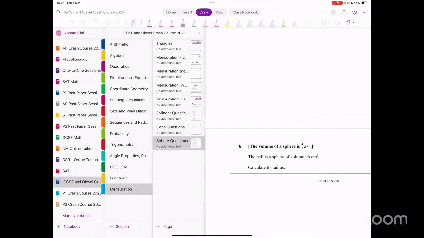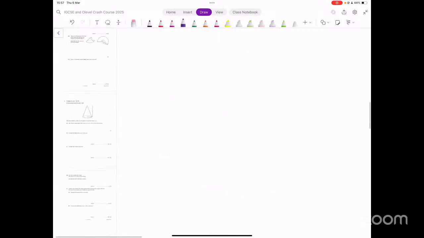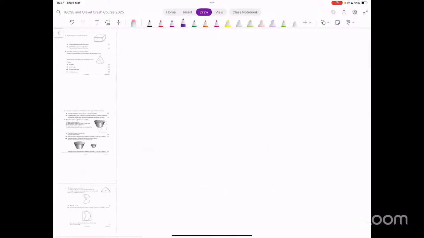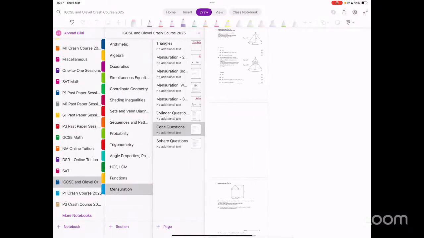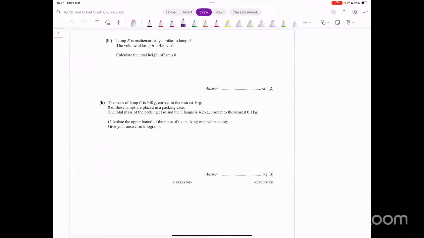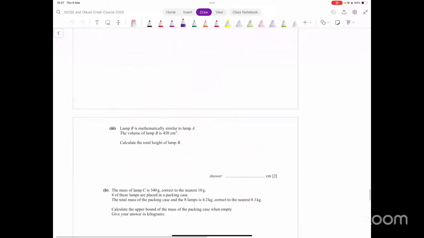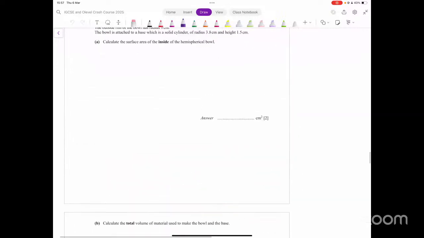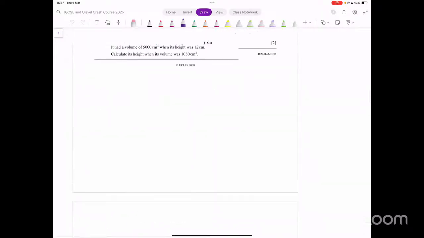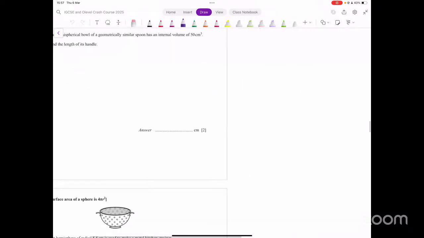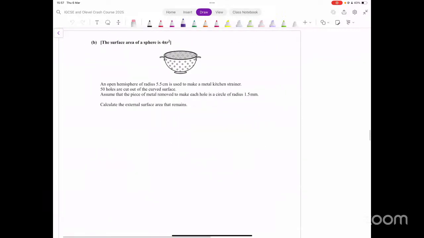We've not done a pyramid one. Let's see if I can find a pyramid question here quickly. Okay, let's do one on spheres, and then we go back and do maybe one more question from there. Okay, let's try this one. This looks kind of weird.